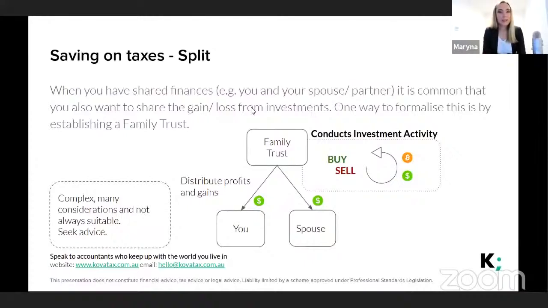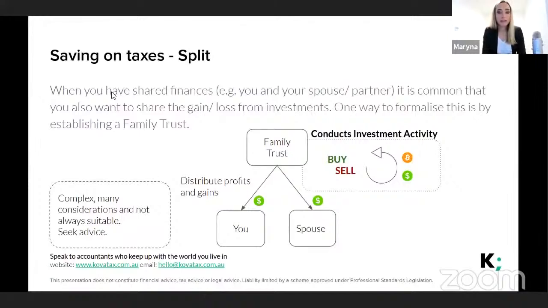The second one is about income split, which sounds quite exciting, and I'm excited about this one, and I hope you're excited as well. The family trust is one of the common strategies you can consider.